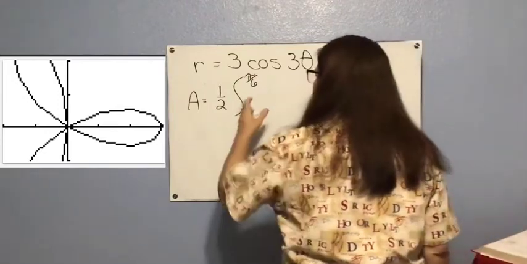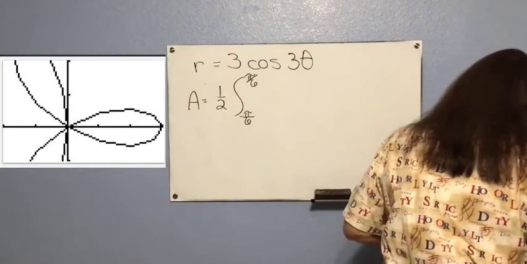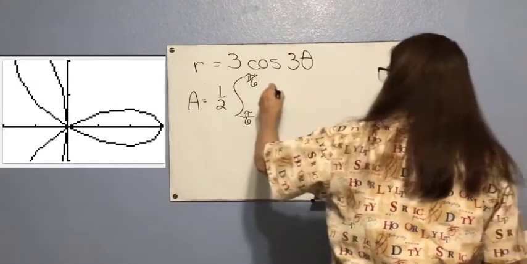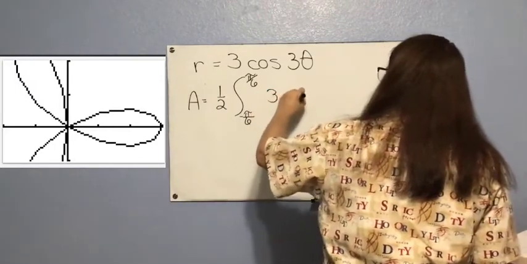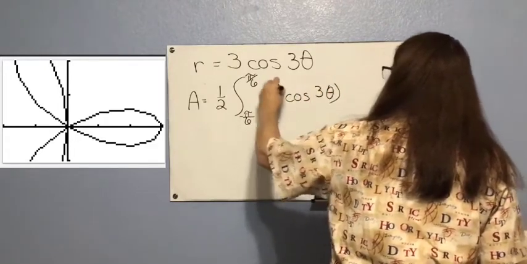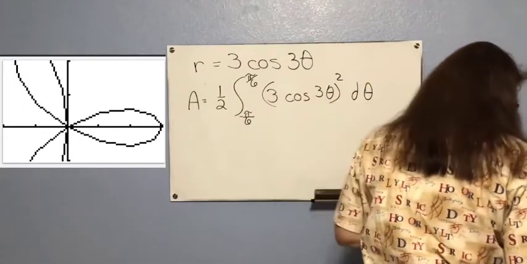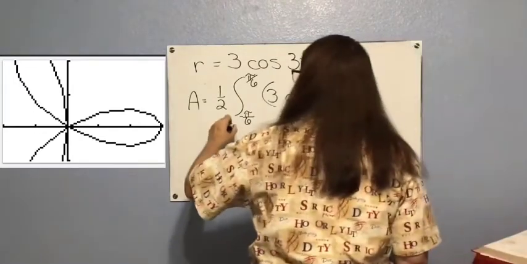That's going to give us just the one petal that we want. Three cosine 3 theta squared d theta.